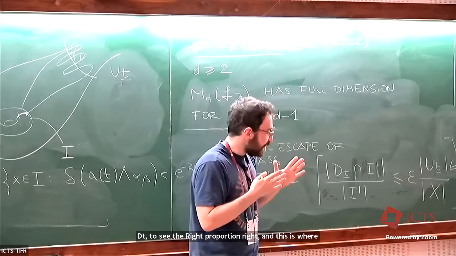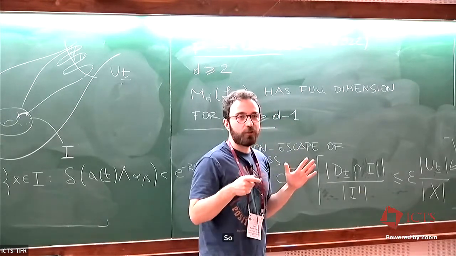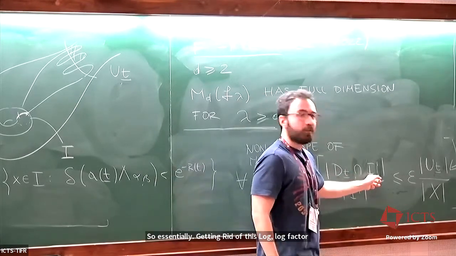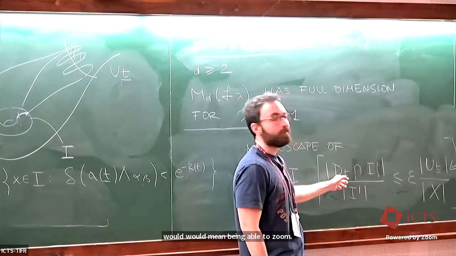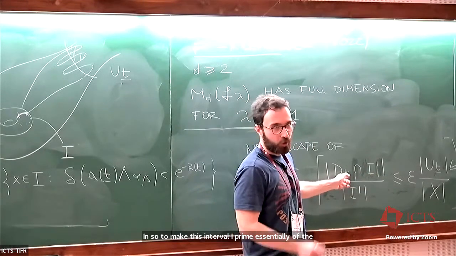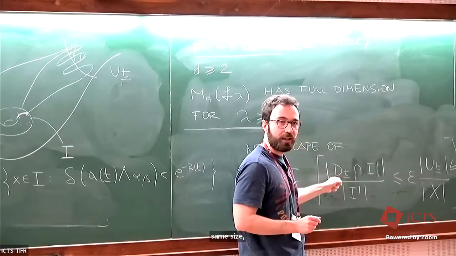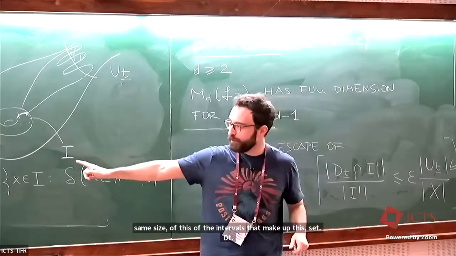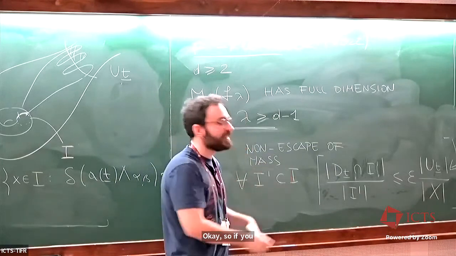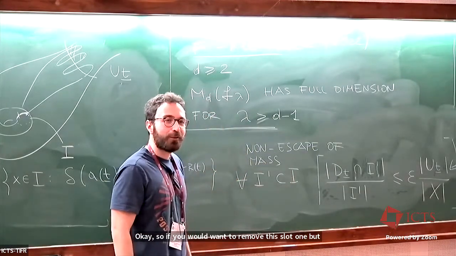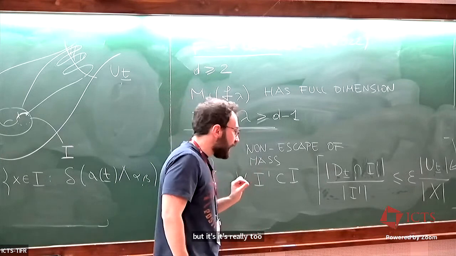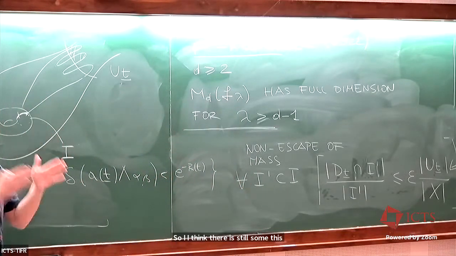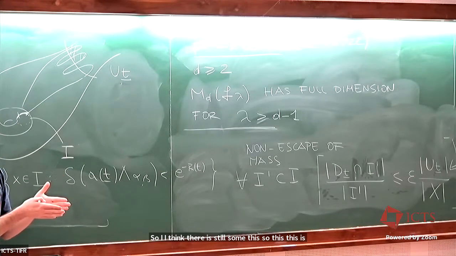Essentially getting rid of this log-log factor would mean being able to zoom in, so to make this interval I prime essentially of the same size as the intervals that make up this set dt. But this is not possible. You cannot zoom in too much and see the right proportion.